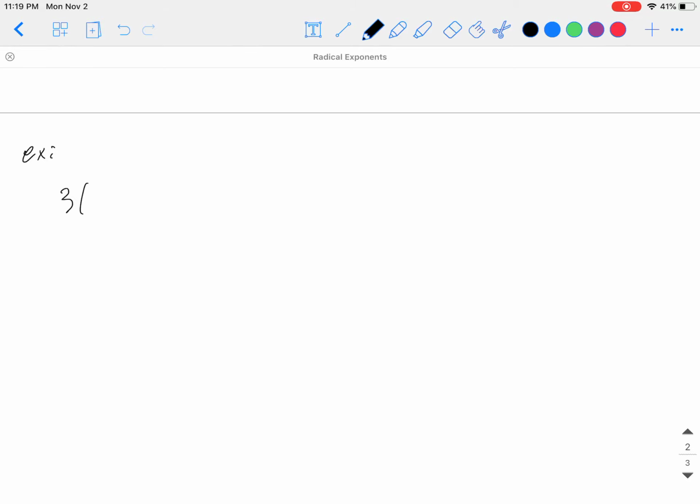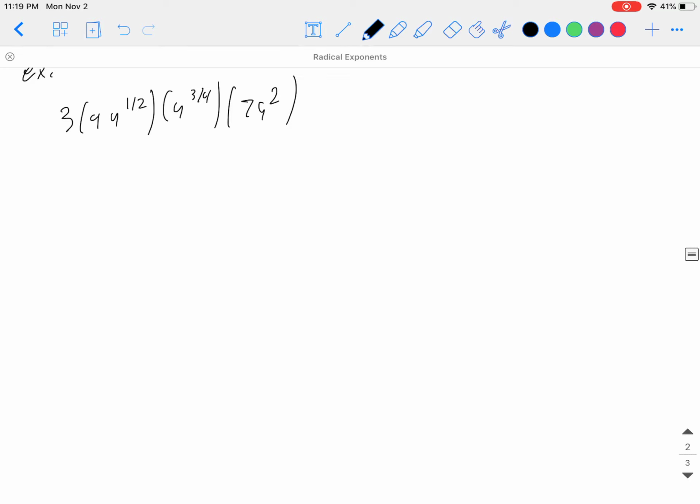Let me make that a bit more clear for you: 3 times y to the 1/2 times 4 times y to the 3/4 times 7 times y squared. So first, let's separate the real numbers and the variables. For the real numbers, we have 3 times 4 times 7. And for the variables, we have y to the 1/2 times y to the 3/4 times y squared.